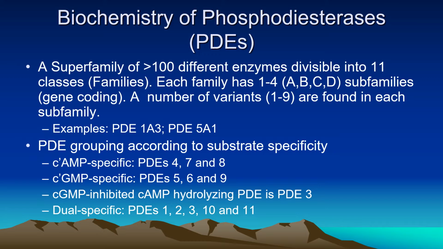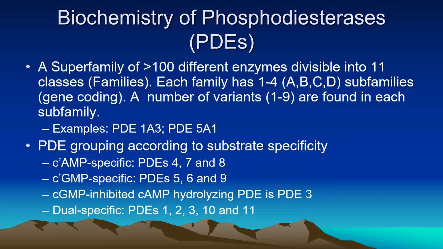They will inactivate cyclic AMP only, and these are the 4, 7, and 8 types, or families or classes. The second group is cyclic GMP specific, that is the class 5, 6, and 9. The third is dual specific, that is inactivation of both nucleotides, and that includes 1, 2, 3, 10, and 11 class of the PDEs.